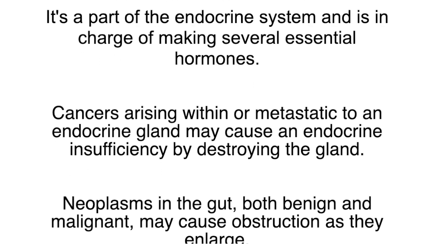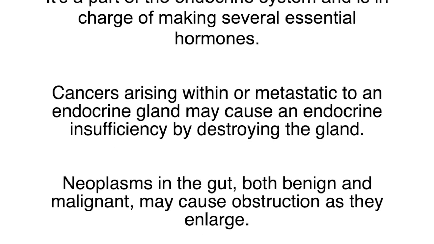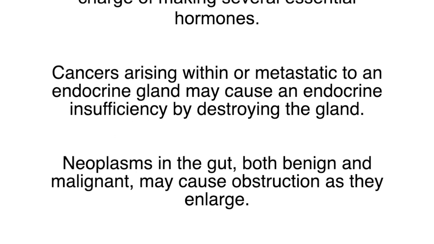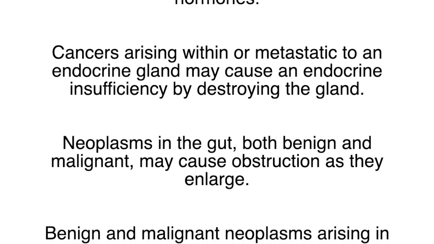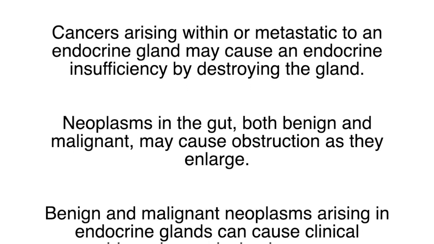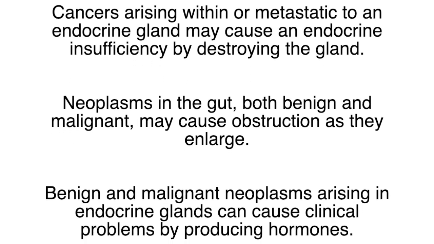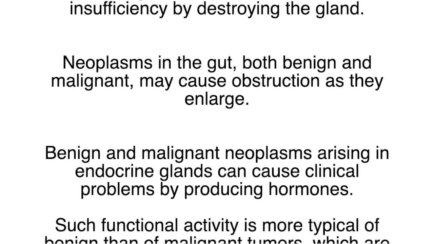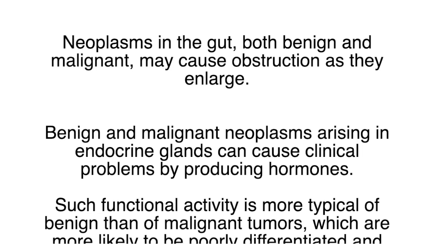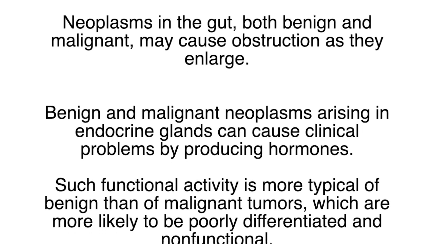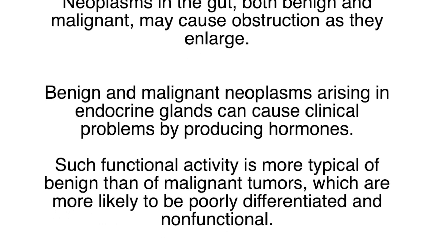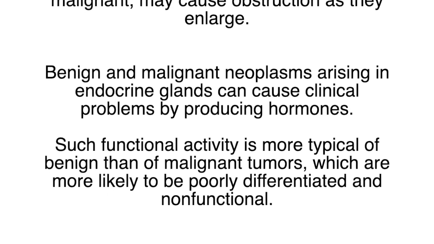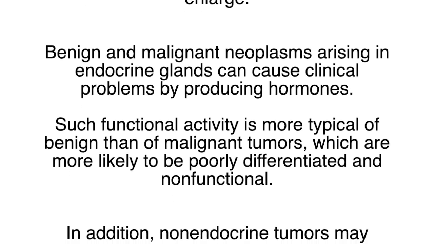Cancers arising within or metastatic to an endocrine gland may cause an endocrine insufficiency by destroying the gland. Neoplasms in the gut, both benign and malignant, may cause obstruction as they enlarge. Benign and malignant neoplasms arising in endocrine glands can cause clinical problems by producing hormones.